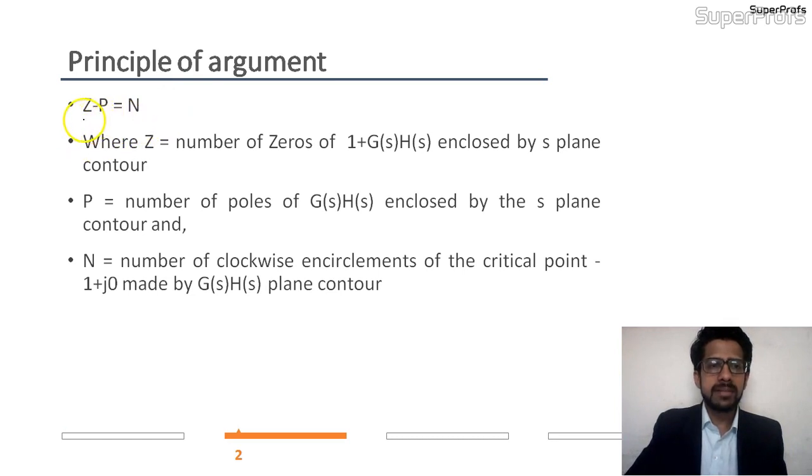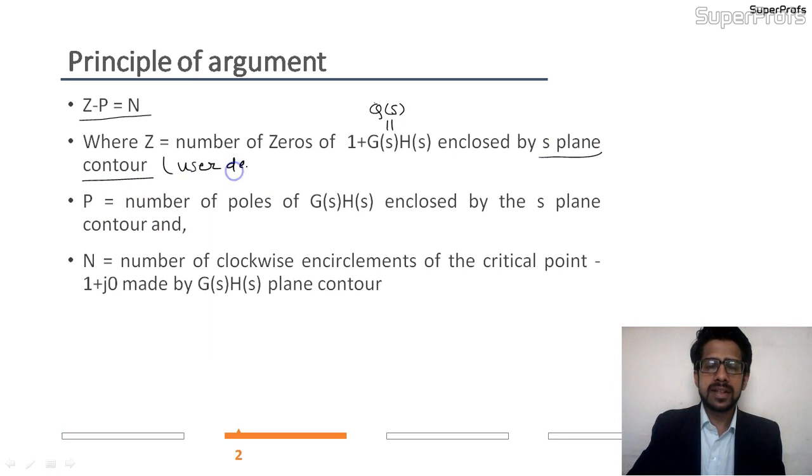As I already described, because of the principle of argument you have this simple equation Z minus P is equal to N, where Z is the number of zeros of 1 plus G of S H of S, which we just transferred as Q of S. So we are replacing Q of S by 1 plus G of S H of S. Z is the number of zeros of Q of S enclosed by the S-plane contour, which is user defined.